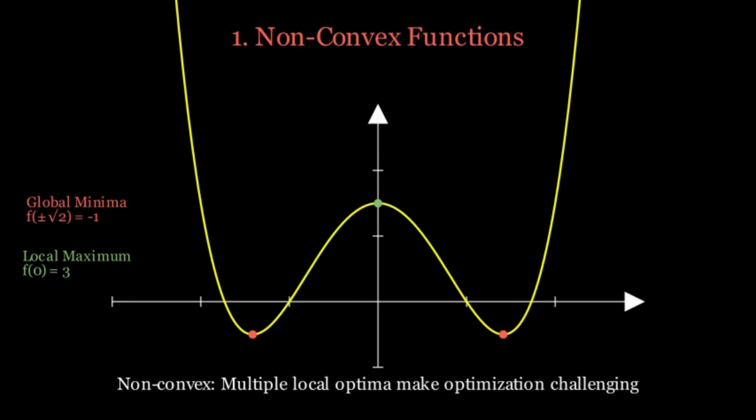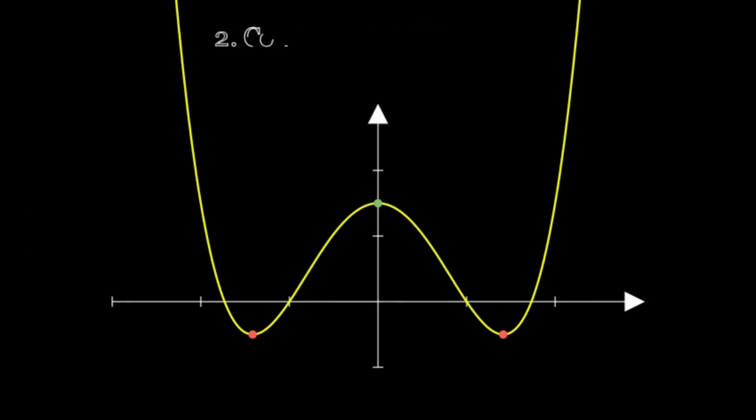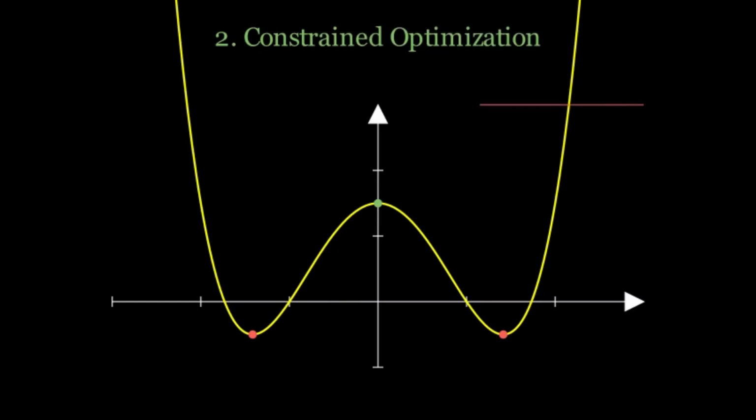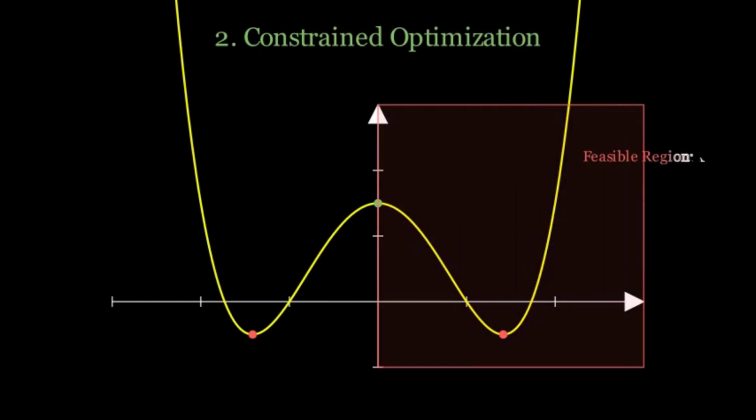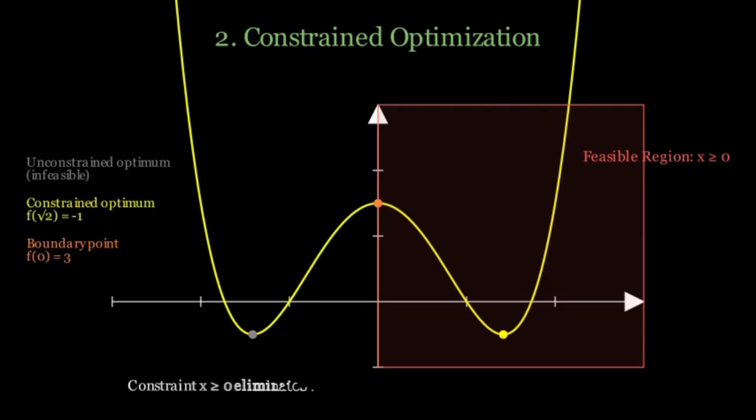Now let's see what happens when we add constraints to this same function. Here is our same function, but now with the constraint x must be greater than or equal to 0. This red line marks our constraint boundary and the shaded region shows where solutions are allowed. Notice what happens. Our constraint eliminates the left side of the function entirely. The global minimum at x equals negative square root of 2 is now forbidden territory. We now have three key points.